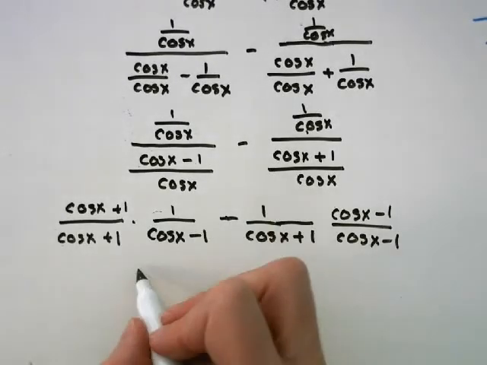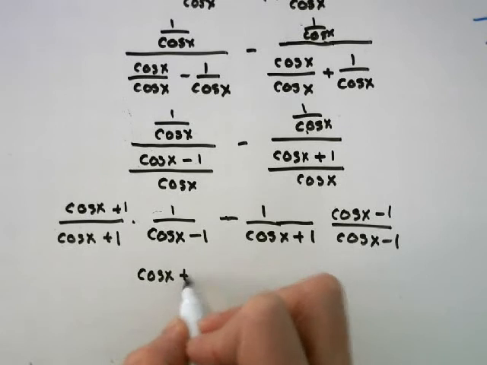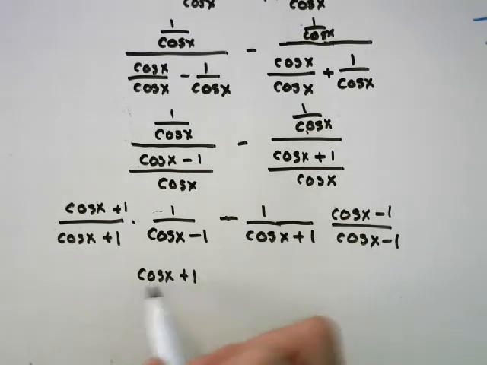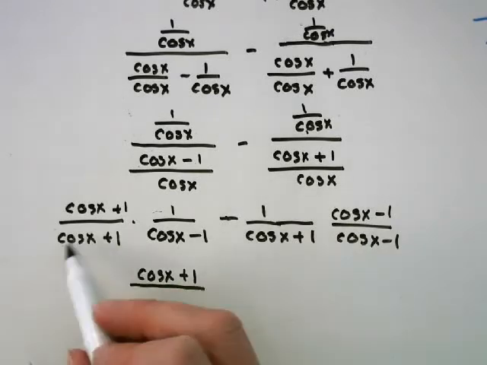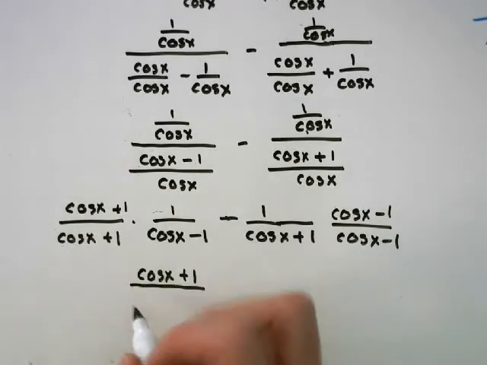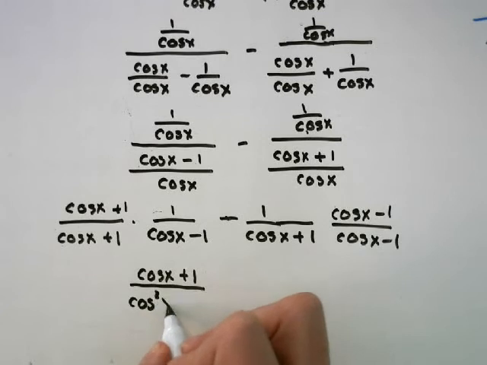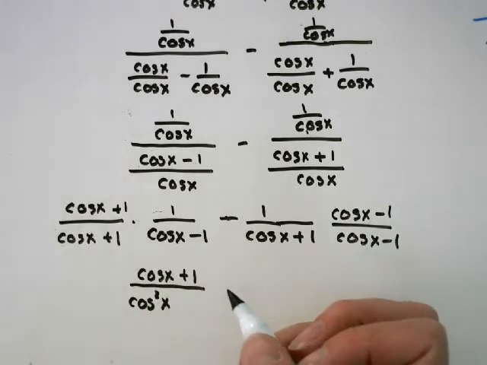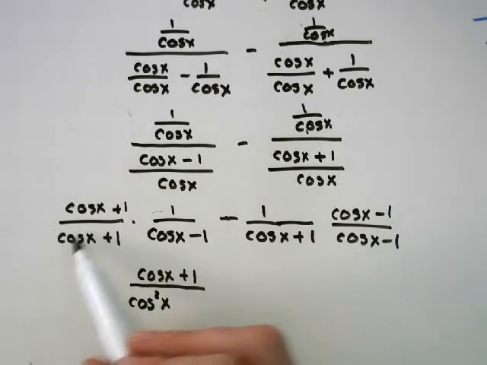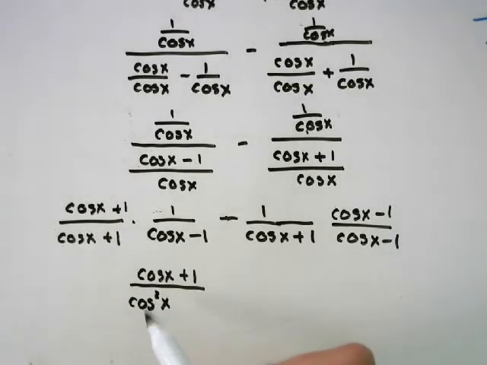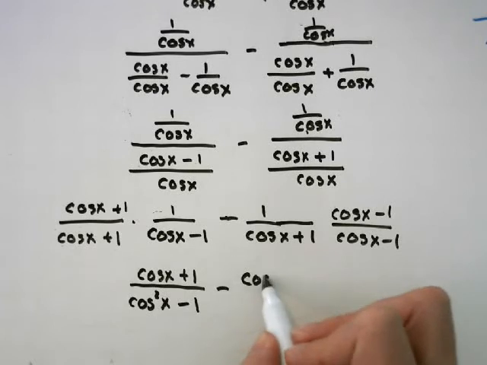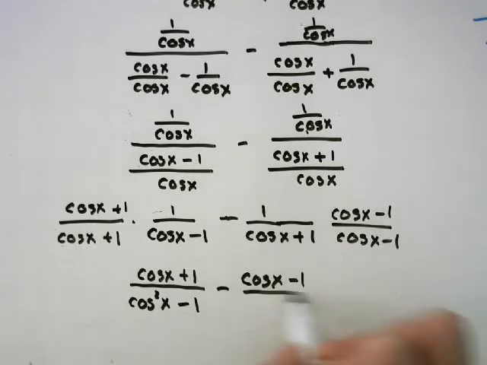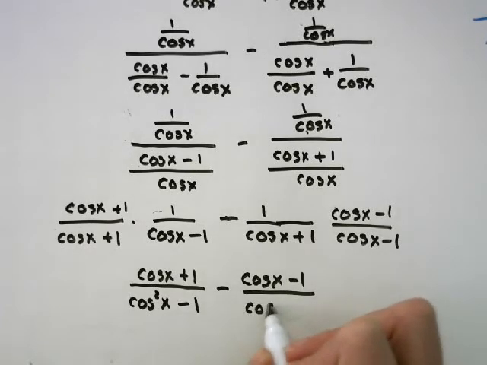So this is now going to be cosine of x plus 1 over, if we FOIL this out, we're going to have cosine squared minus cosine plus cosine, so those middle terms will go away, minus 1, minus cosine of x minus 1 over that same denominator.